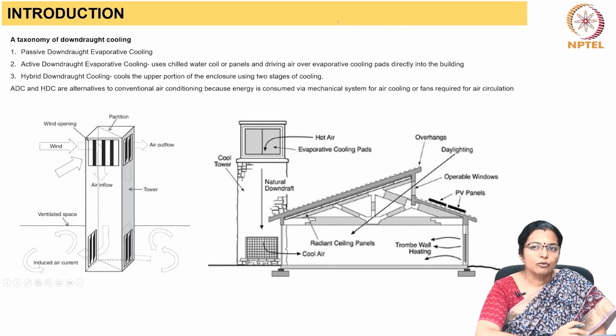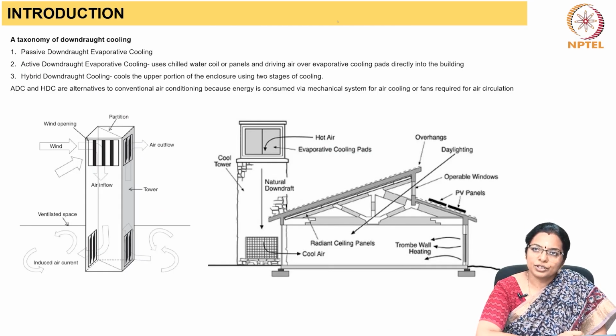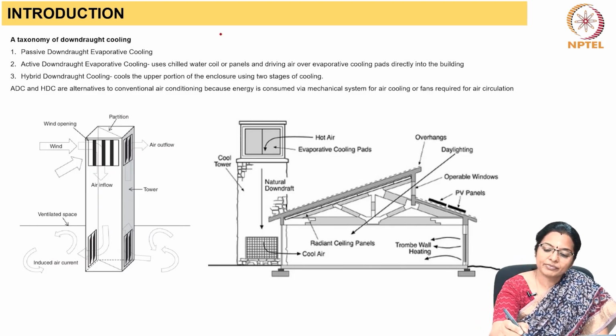So if you look at the taxonomy of a downdraft cooling, we have the passive downdraft evaporative cooling, active downdraft evaporative cooling, which uses chilled water coils or panels, like how we had seen in the previous slide.